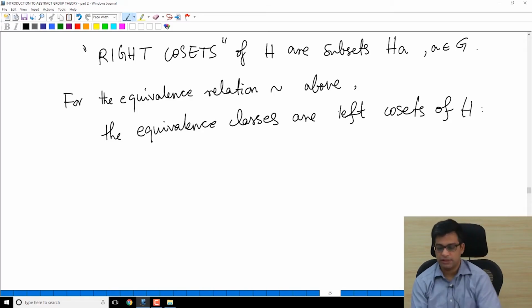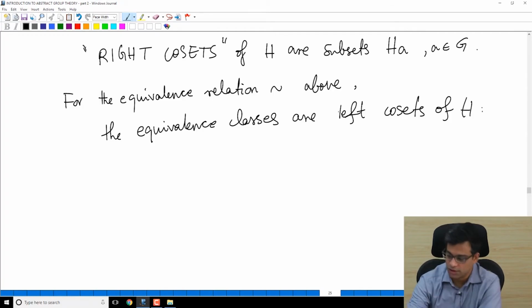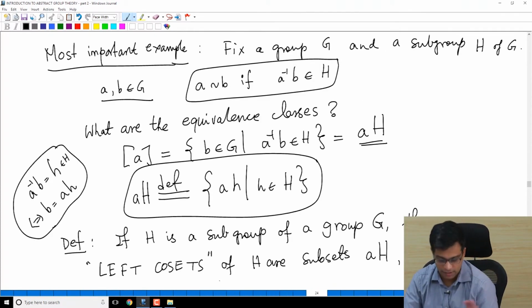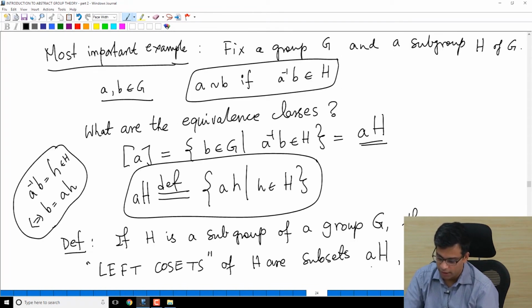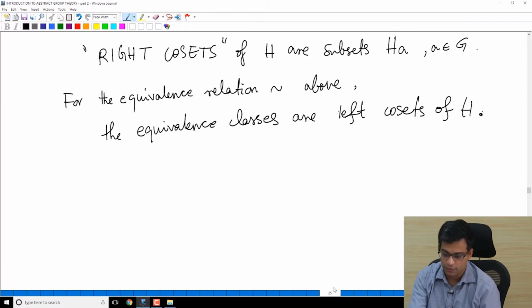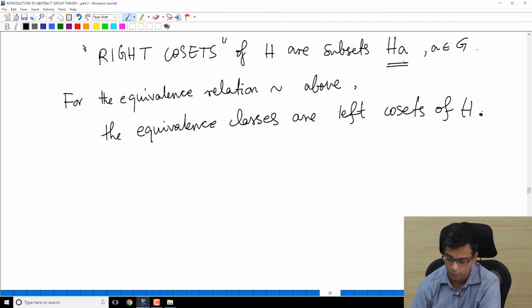Correct? So the equivalence classes of this relation are the left cosets of H. As I said, left cosets and right cosets are very important for us, and we will constantly keep dealing with them. So you should carefully think about what they are, and they are very simple really. Left cosets are subsets of the form AH and right cosets are subsets of the form HA. I will do some examples in a later video to describe these in specific groups, and hopefully that will become clearer to you then.